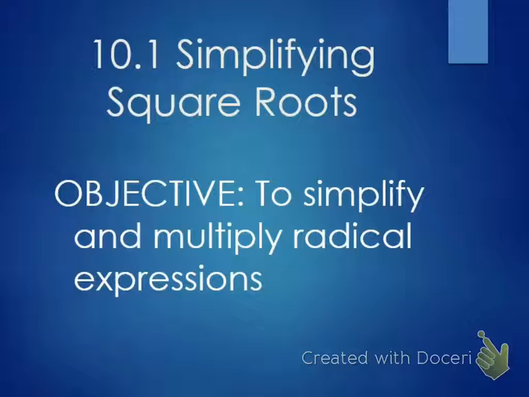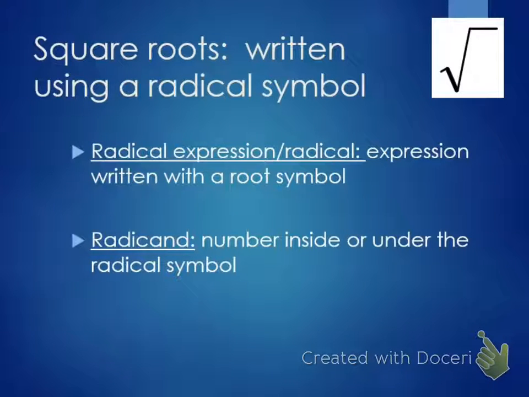We'll talk about that again today, since that involved radical expressions. Square roots are written using a radical symbol, which is shown in the top right corner here. A radical expression, or shortly called a radical, is an expression written with a root symbol.